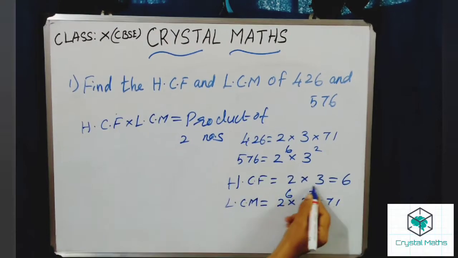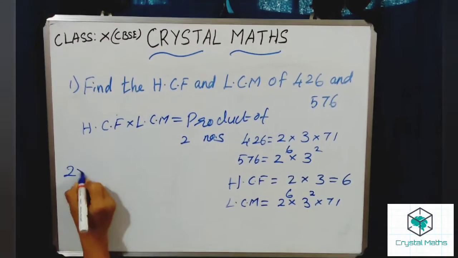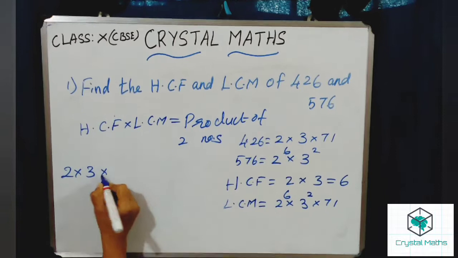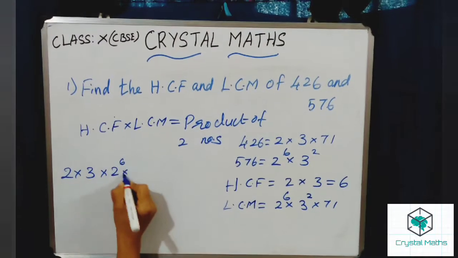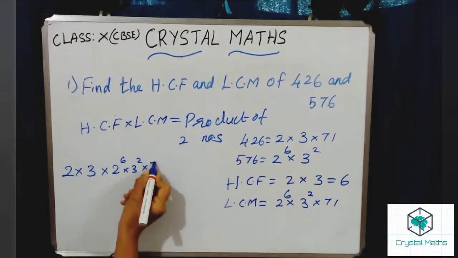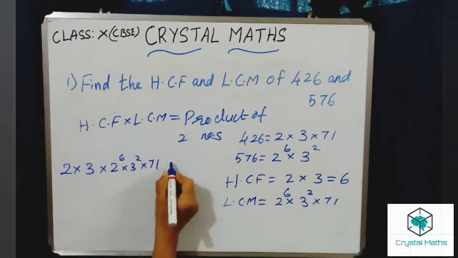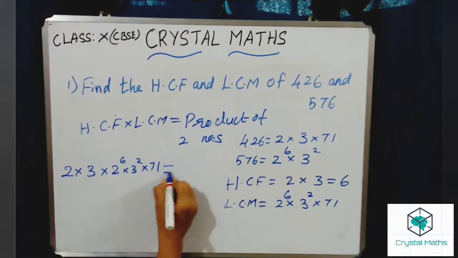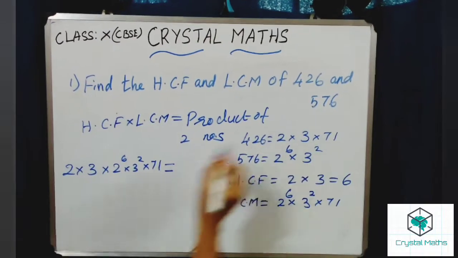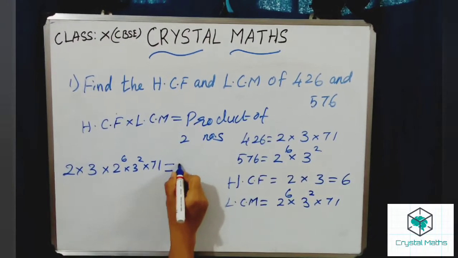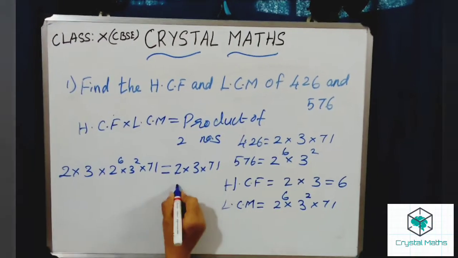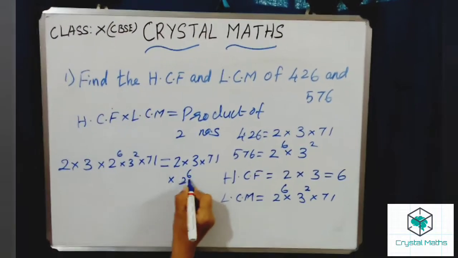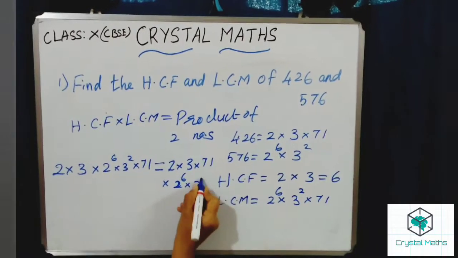HCF into LCM equals product of two numbers. For HCF, I am going to write the factorization as it is: 2 and 3. LCM, 2 power 6, 3 power 2 into 71. For the product of two numbers also, I am going to write the prime factorization of that number for verification purpose: 2 into 3 into 71, multiplied by 2 power 6 into 3 power 2.